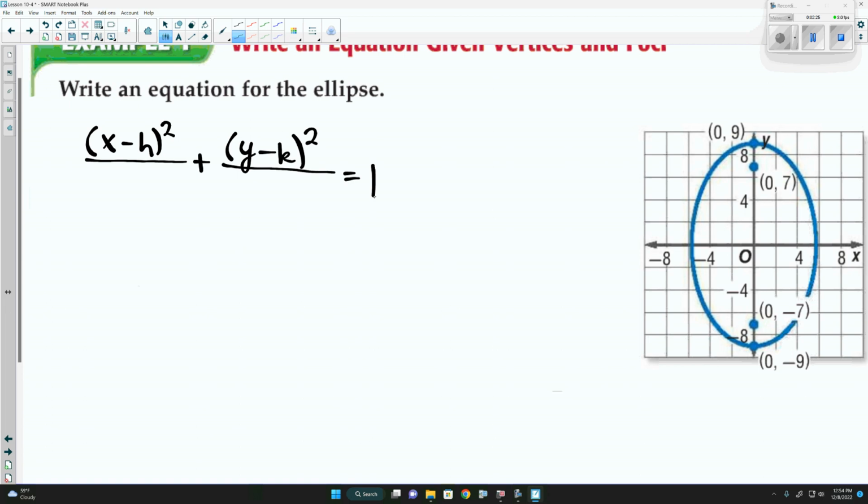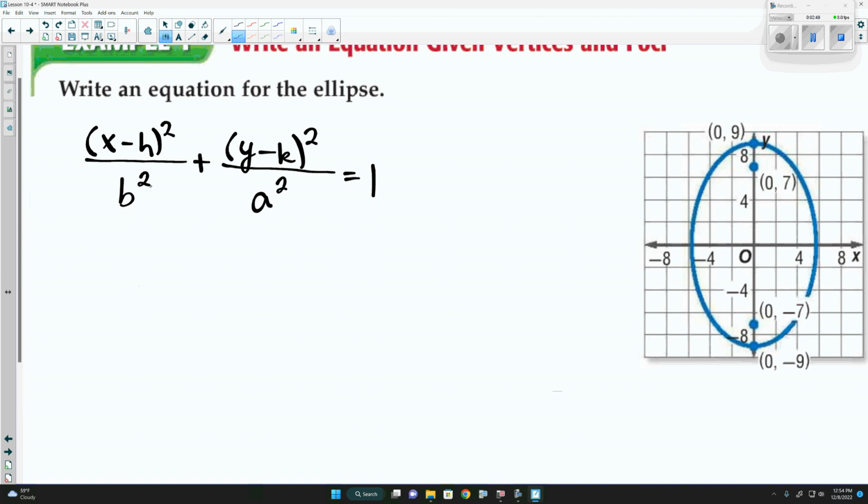Now when we look at this first one, we need to determine, is it stretched horizontally or vertically? Is it stretched longer across the x or across the y? Y. So that means A squared is under the y, B squared is under the x. If it was stretched horizontally along the x, it would go the other way.